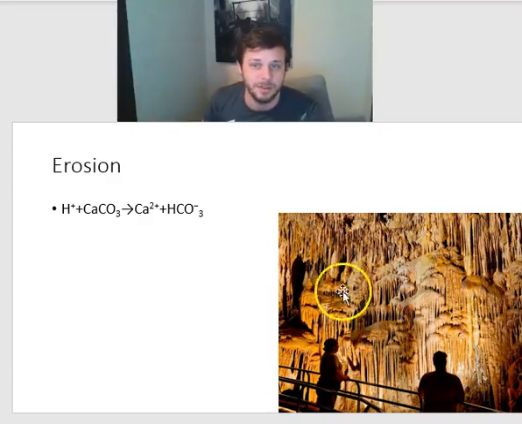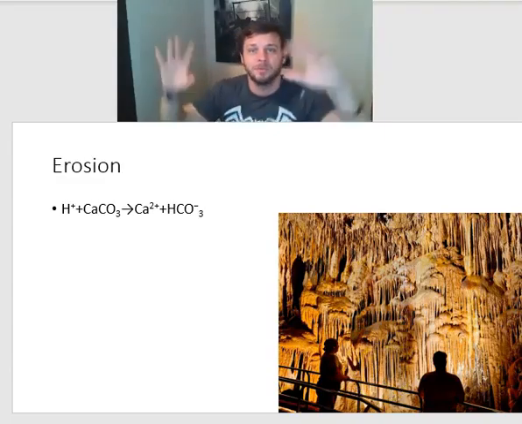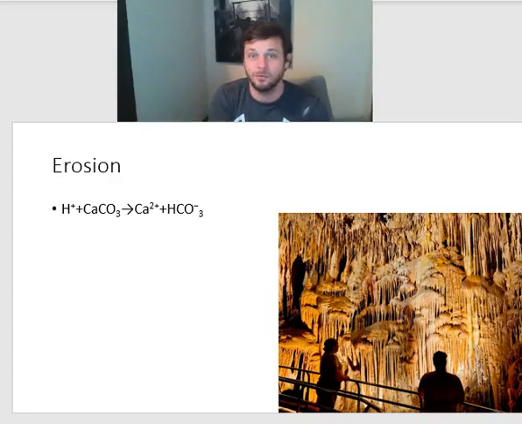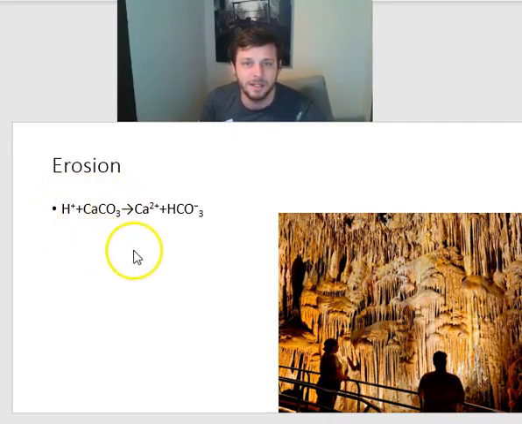And that way you can get these really cool limestone caves, where water is pulling out the limestone as it drips through the earth, and then leaves little bits of it, and so you can get really neat stalactites. As it pulls out that calcium, those free hydrogens meet up with it, and you start making stuff like calcium carbonate, right? So here's calcium carbonate, and then you get your calciums and your carbonic acid.